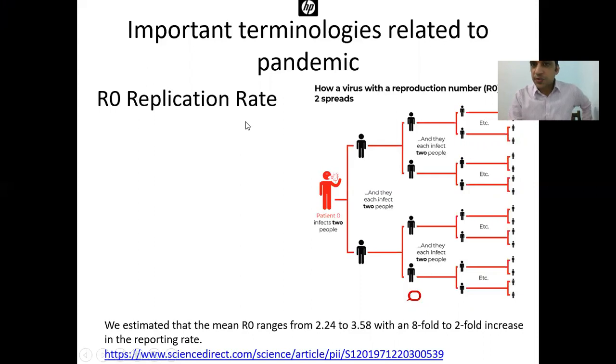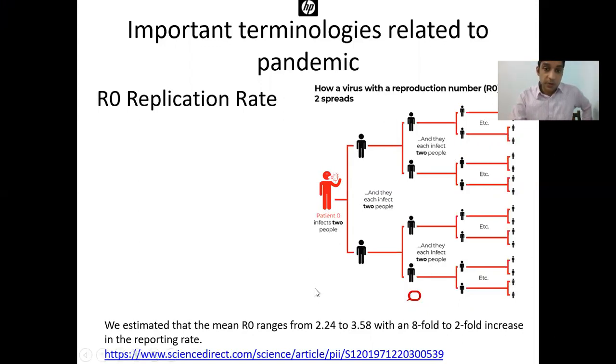It's called the replication rate. If a virus has a replication rate of 2, that means it can infect 2 people on average. And you can guess what will happen after that: after 10 or 15 or 20 replications, you will end up with hundreds of thousands of people.